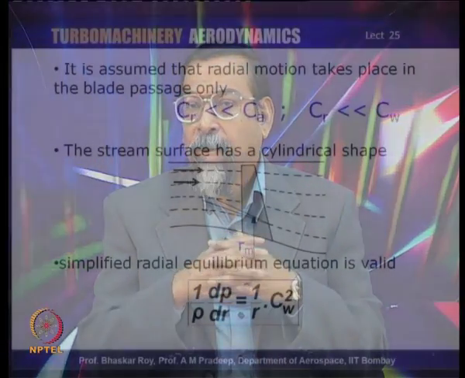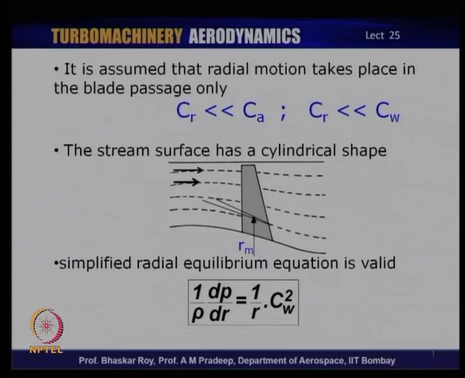So, some of the first assumptions that we would probably like to look at are related to the three dimensionality. One of the first assumptions is that the radial component of the flow is prima facie very small in relation to the axial and the whirl components, C A and C W. We would like to keep it that way by design.